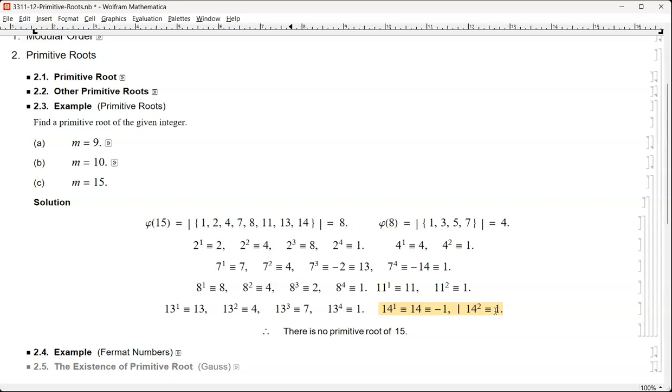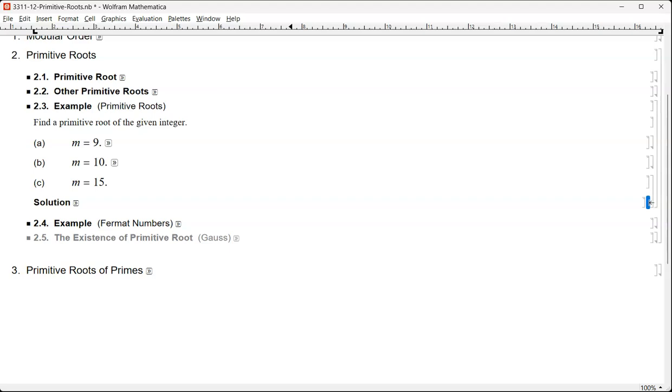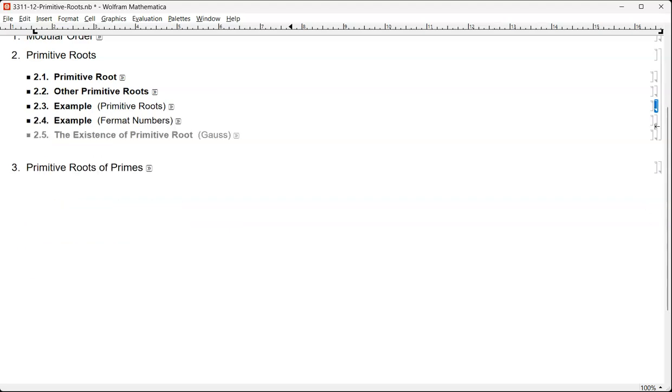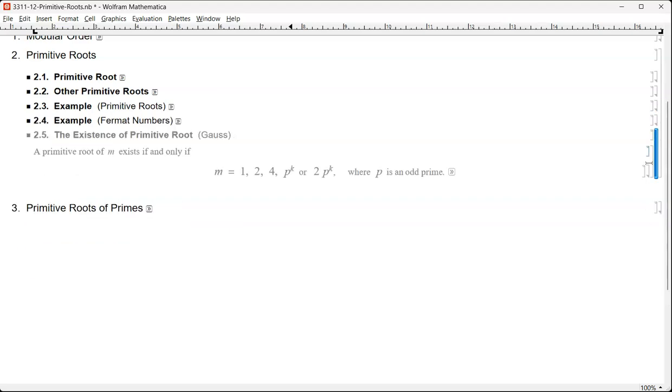This thing can happen. If you have a prime number, then always there is a primitive root. But for other numbers, no. As a matter of fact, we are not going to prove it, but it may be a good idea to remember this result. In order to have a primitive root, m should be 1 to 4, or p to the k power for an odd prime, or 2p to the k power for an odd prime.